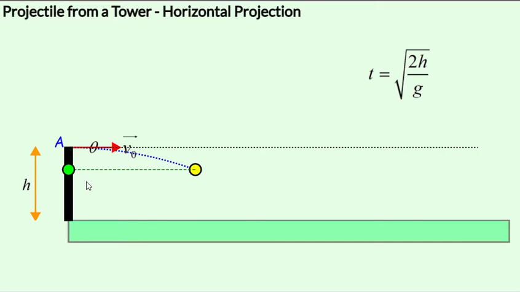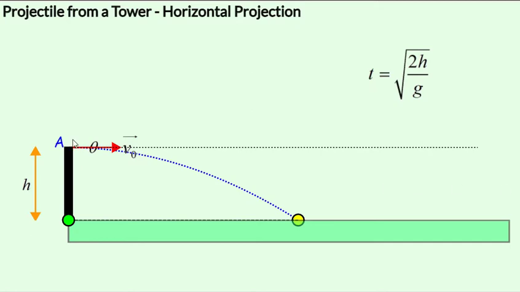We take a snapshot at a certain moment in time and we find that the y displacement of the green and yellow balls is identical as shown by the horizontal dotted line joining them. Let's watch a few more frames. And you can see that their y displacements are always identical. Both the balls eventually land together.